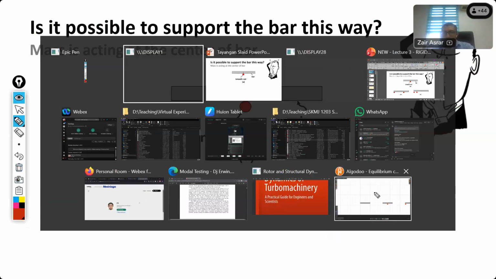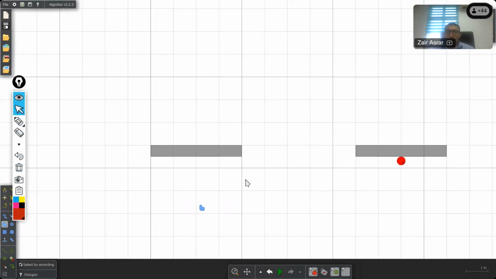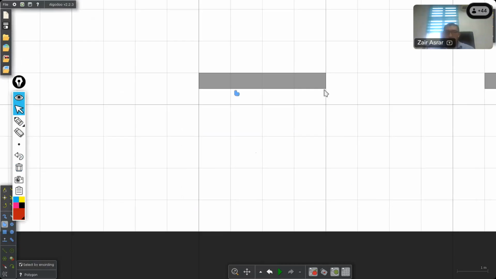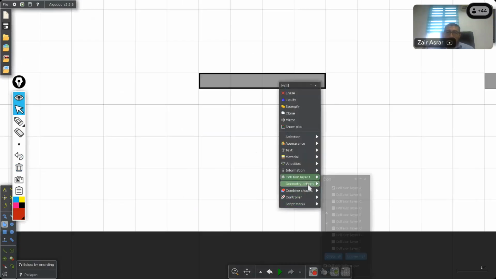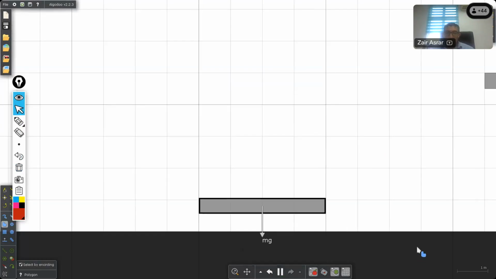Yeah, this one. Here what I have is the same bar. If I let it loose, due to gravity it will fall down, just like we expected.